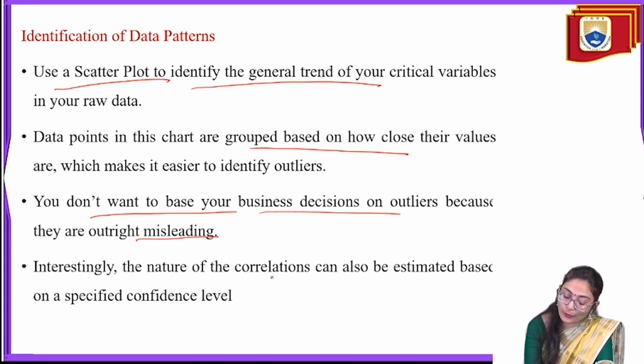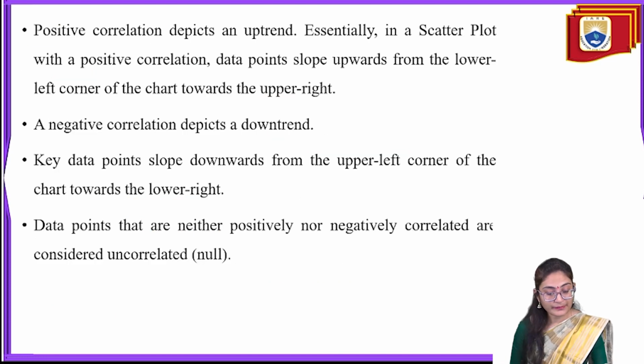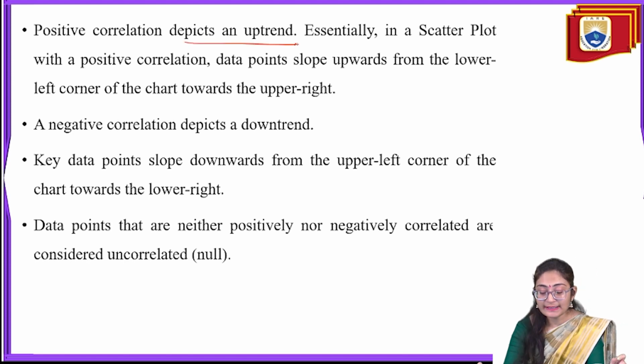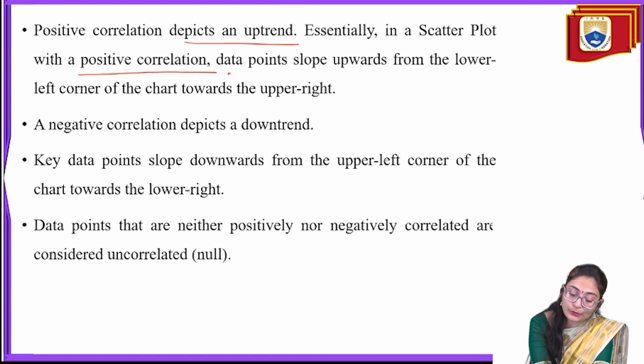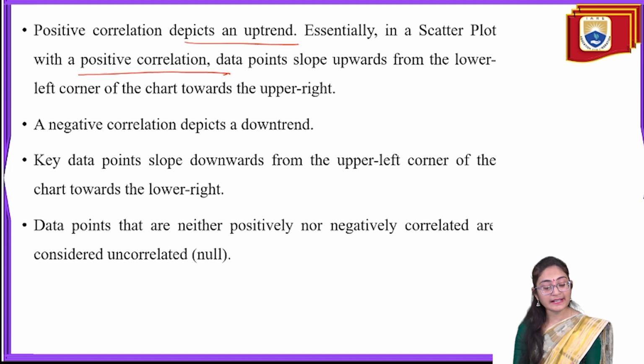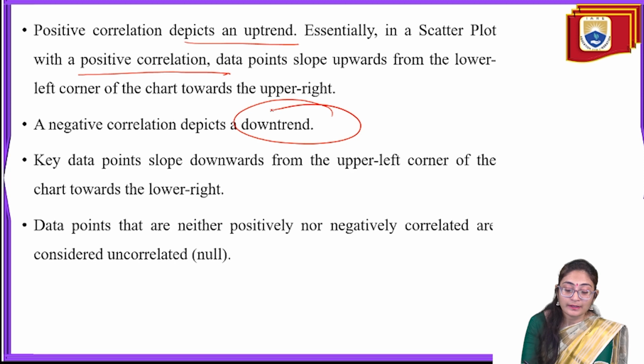Interestingly, the nature of correlations can also be estimated based on a specified confidence level. The positive correlation depicts an uptrend. Essentially, in a scatter plot with positive correlation, data points slope upwards from the lower left corner of the chart towards the upper right, and the negative correlation depicts a downtrend.